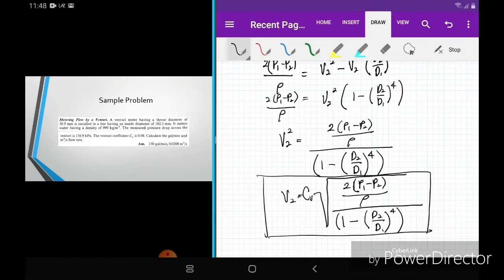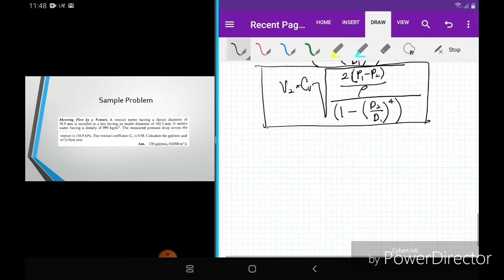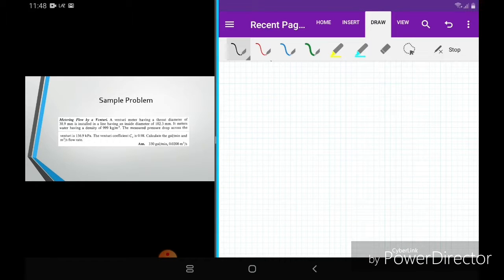So, let us solve this particular problem. Now, a venturimeter having a throat diameter, sorry.